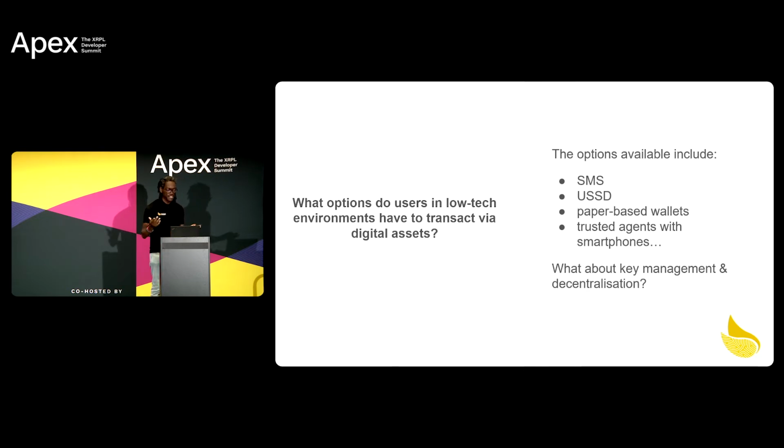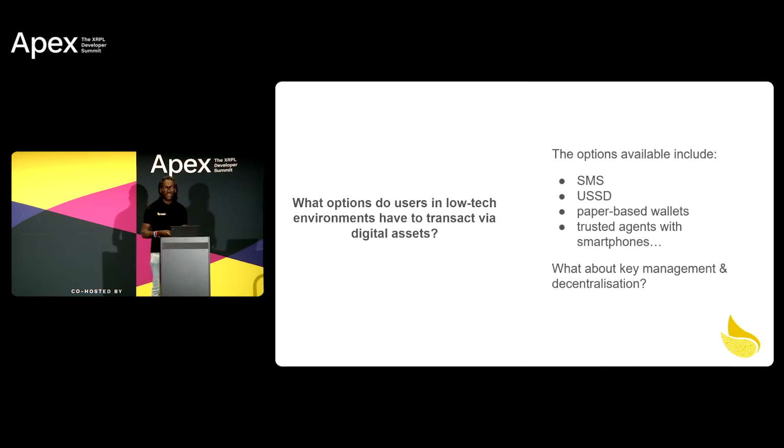Some of these options are that they could transact over SMS, because they'll most likely have at least a feature phone, or if they've got a low-resource smartphone, we at least know that they can use SMS. They could use USSD. You could maybe use paper-based wallets, kind of similar to how we use ATM cards, where you go to a central machine somewhere to transact using this card. Or maybe trusted agents.